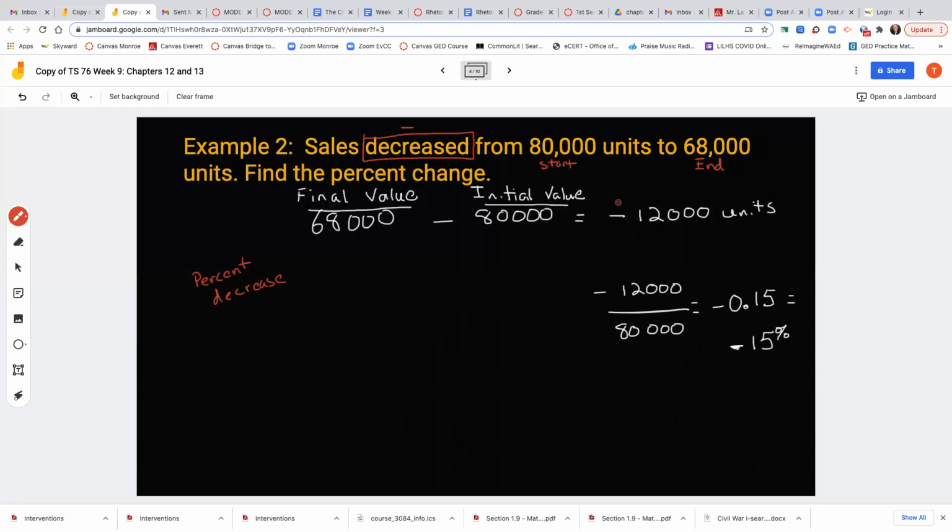I want you to pay attention to this. I got a negative 12,000 units, because 68,000 minus 80,000 is going to give me a negative number. Take my answer and divide it by my initial value, which was 80,000, my start value.